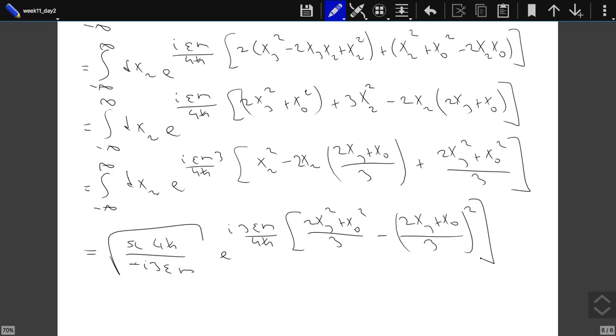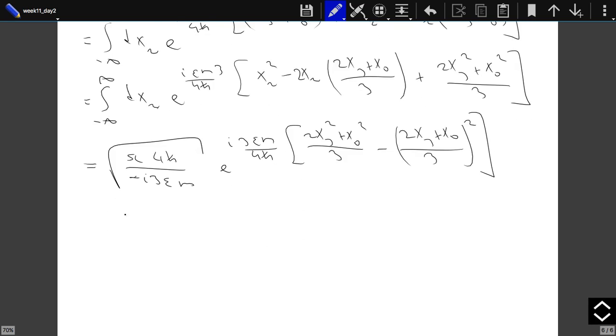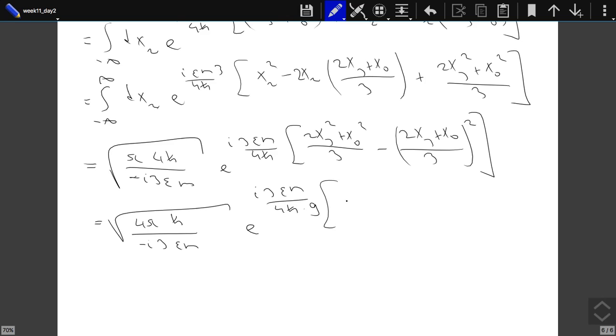Now let's simplify it a bit. 4 pi h bar over minus i 3 epsilon m, e to the power i 3 epsilon m over 4 h bar. Let's take the 9 also out. What is left is 3 times 2x3 squared plus x0 squared minus 4x3 squared plus x0 squared plus 4x0 x3.